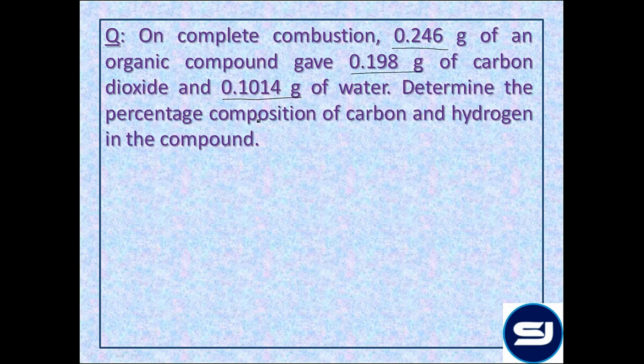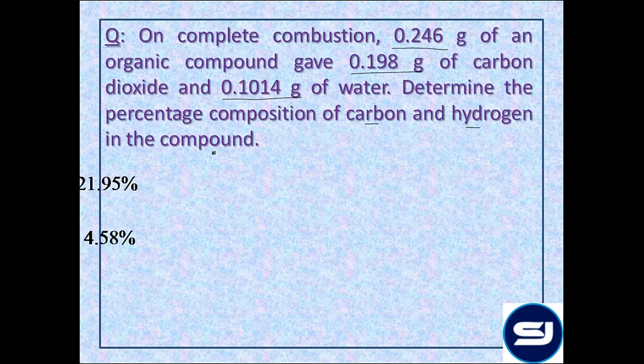Determine the percentage composition of carbon and hydrogen in the compound. So, to determine the percentage of carbon and hydrogen, what we require is weight of carbon dioxide, weight of water, and the weight of the organic sample. And then we have a direct formula to use.